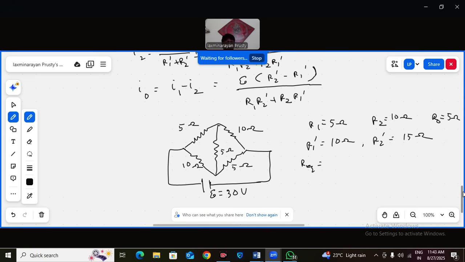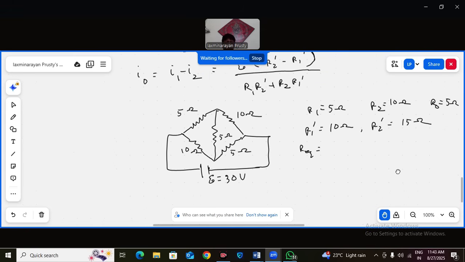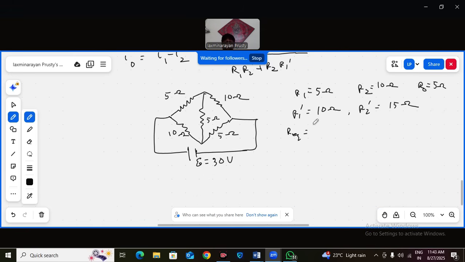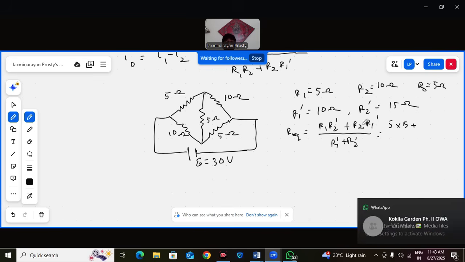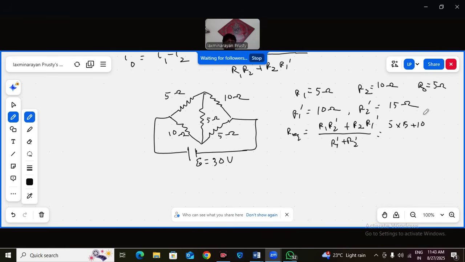R1 R2 dash plus R2 R1 dash divided by R1 dash plus R2 dash is 5 into 15 plus 10 into 10, by 10 plus 15, that is 7 ohm.